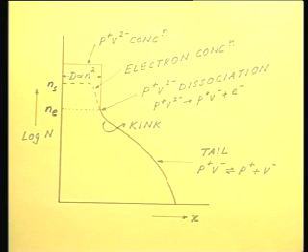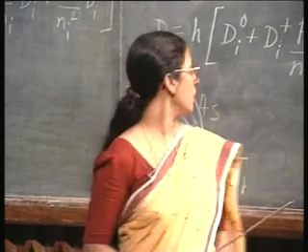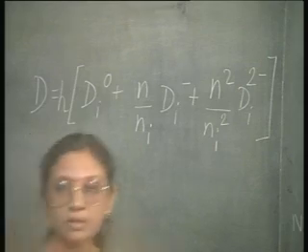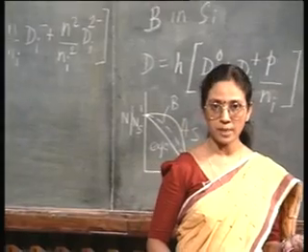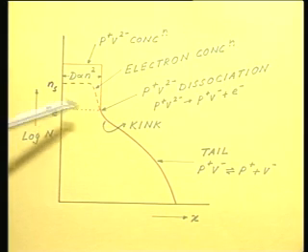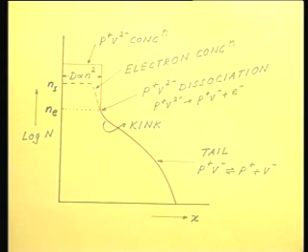So, this is where we have a kink, because now the diffusion coefficient is no longer proportional to n square. Now, these other terms start to dominate, so that the profile is no longer so abrupt, but it tends to be more flat. And then as the concentration is lower and lower, we enter into what is known as the tail region for the phosphorus doping profile.